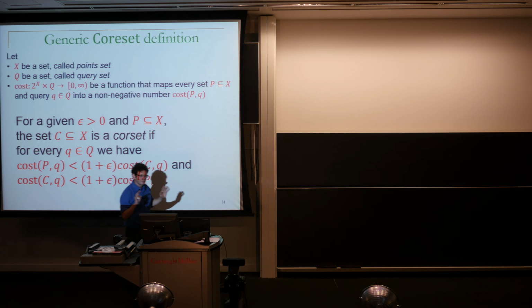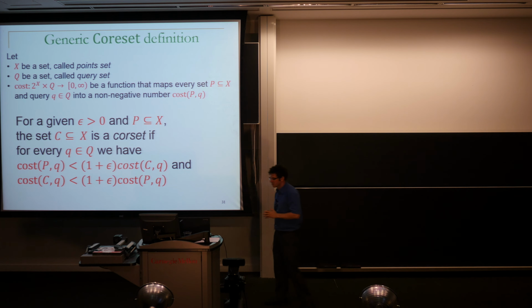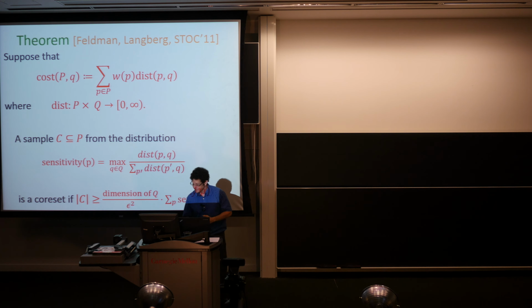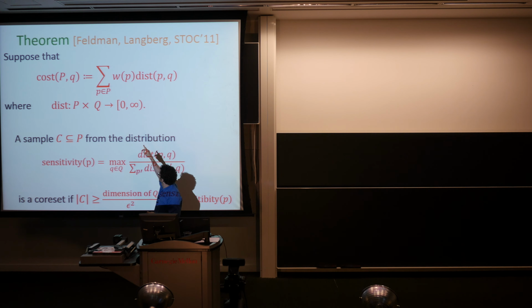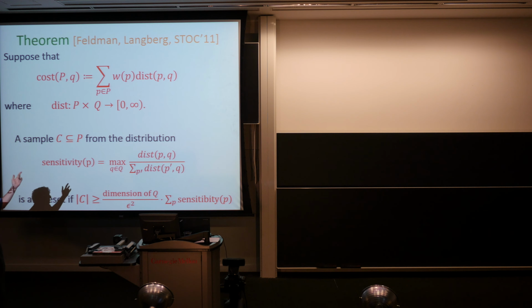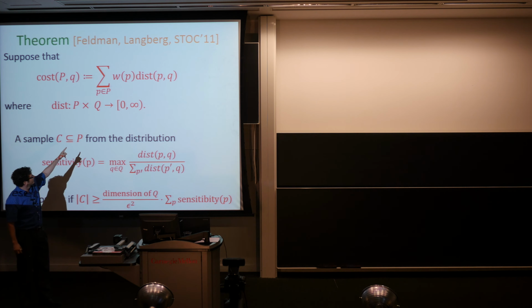Now, I don't have a general framework for all the problems in the world, but we have a general framework for quite a general case. And the case is where the cost function is a sum of some other function. I called it distance, but it's not necessarily a distance function, just for intuition. This is a function that for every point and every query gives me a number, intuitively the distance from the point to the query.